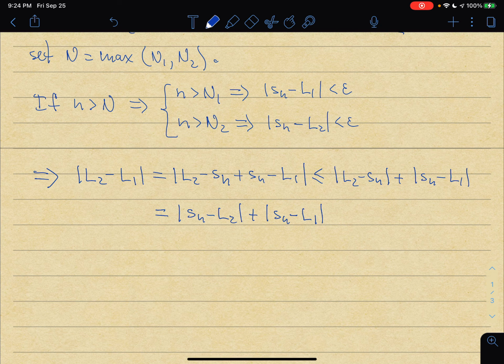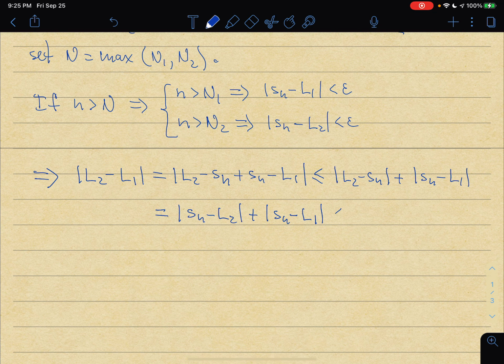And then if n is bigger than capital N, each of these numbers is going to be less than epsilon.